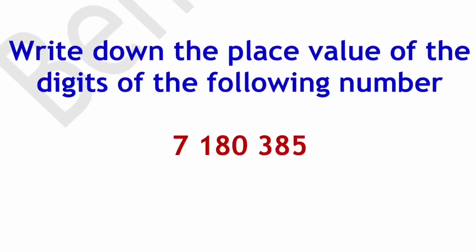Now, can you try this question on your own? Write down the place values of each digit. Pause the video. Hope you have done. Now look, 5 represents 5, it's in unit position. 8 is in tens, so representing 80. 3 is in hundreds, so representing 300.